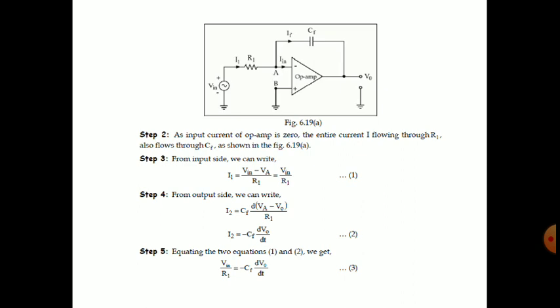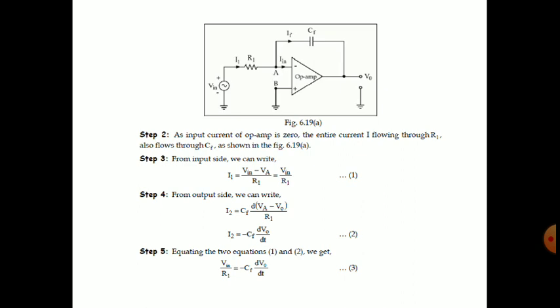Step 2. As the input current of the op amp is 0, the entire current I will flow through the resistor R1, and also flow through the CF, feedback capacitance, shown in the figure.